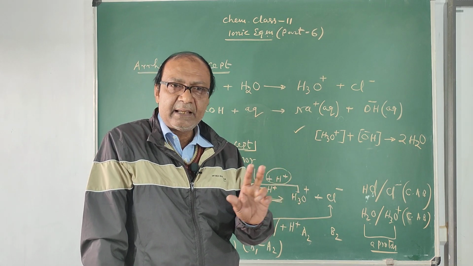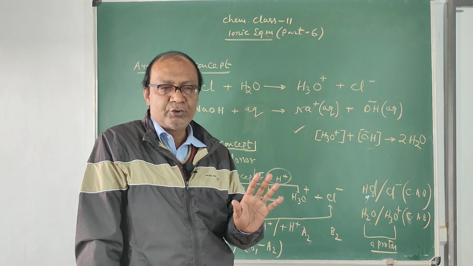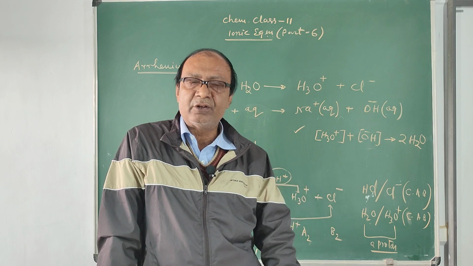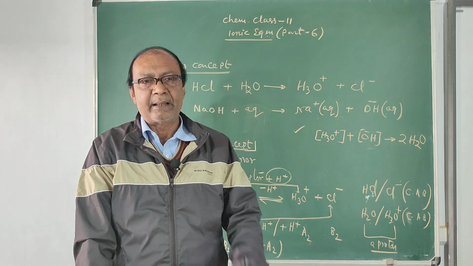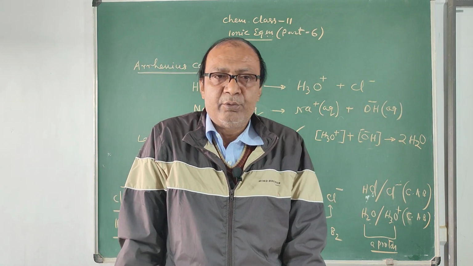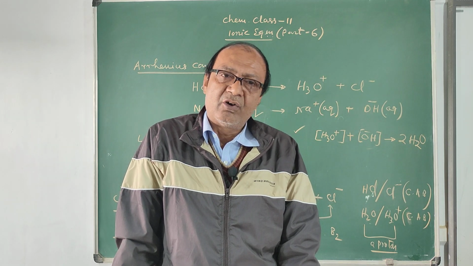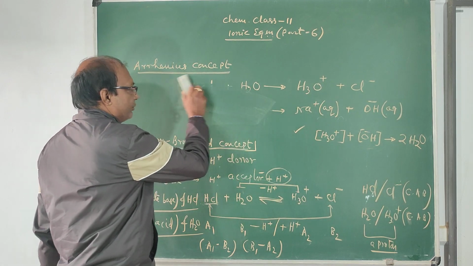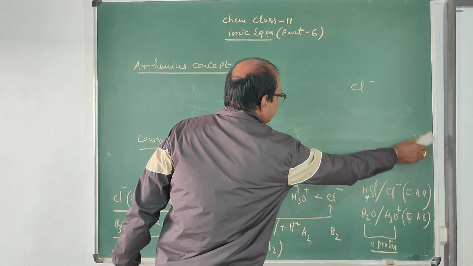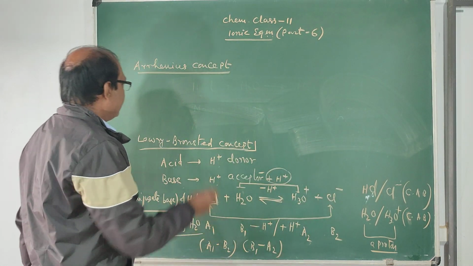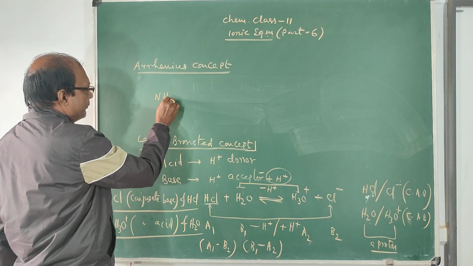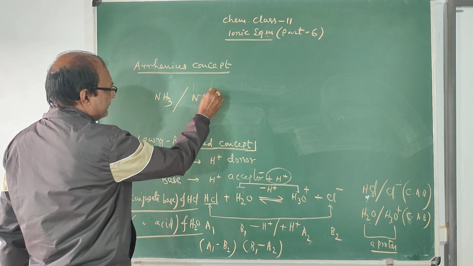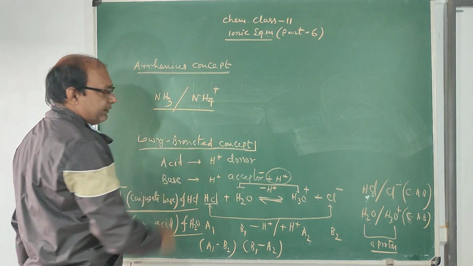This thing can be understood clearly. So in this case, you will understand the relative strength of acid and base. You know that ammonia is a weak base, therefore the ammonium ion will be a strong acid. See, according to Bronsted theory, ammonia is a weak base, therefore NH4+ will be a strong acid.